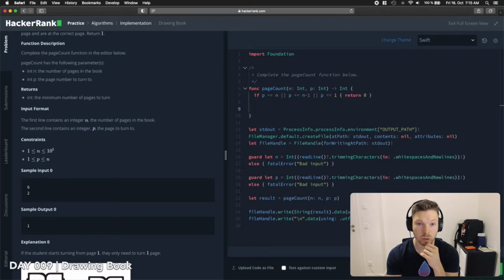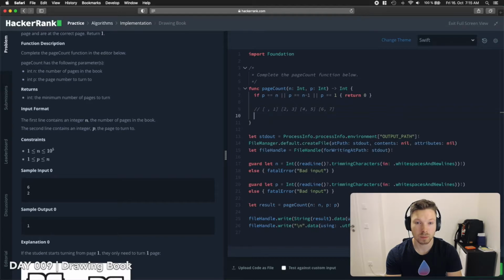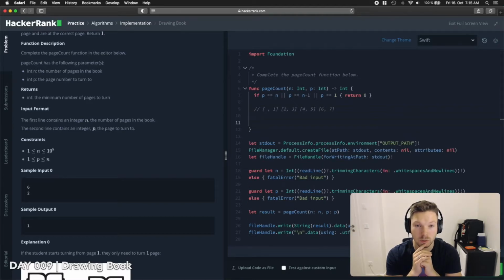Now here we are where P is bigger than 1. If I think about how a page is structured, with 7 pages, 1, 2, 3, 4, there must be a structure behind this. Let's try an edge case or an uneven number here.